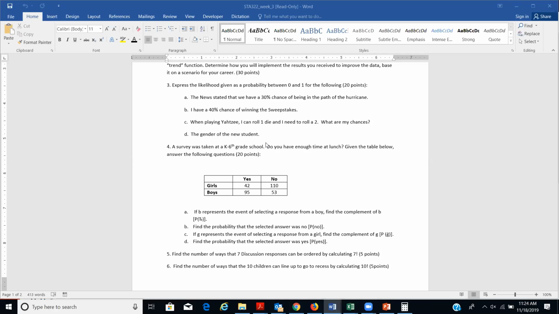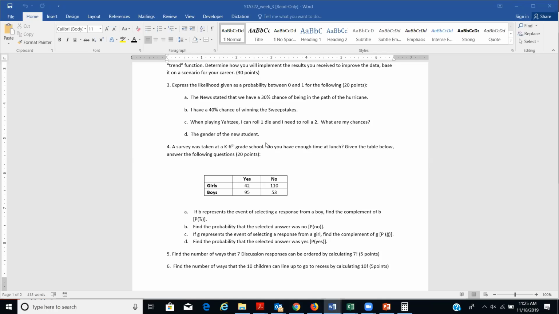But if what we're looking at is, there's a total of 152 plus 148, or 300 boys and girls. So the probability of randomly selecting a response that came from a boy is going to be 148 out of 300.